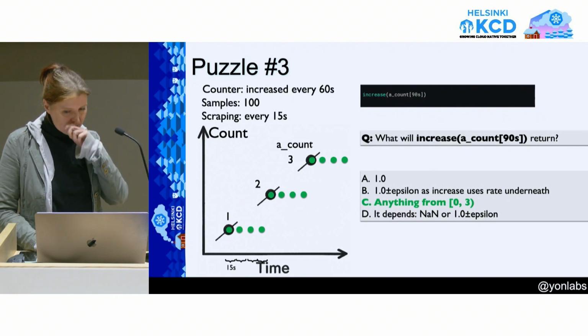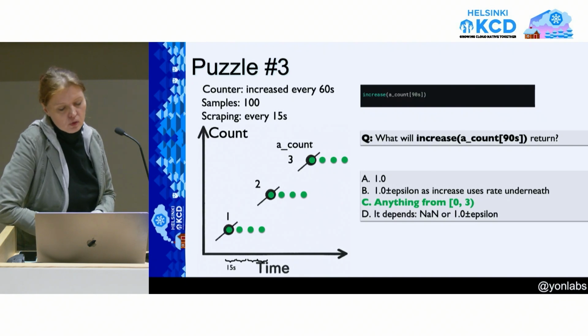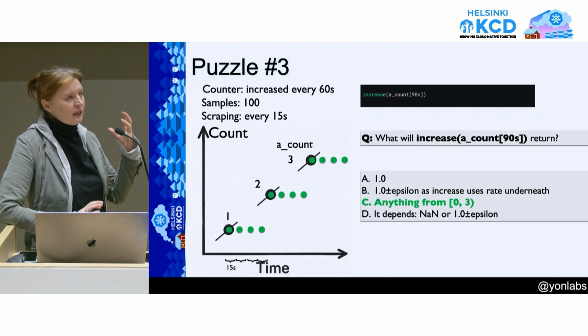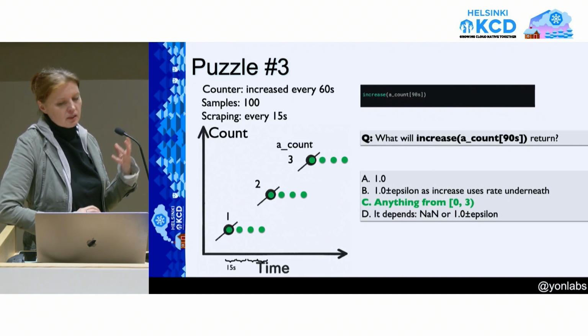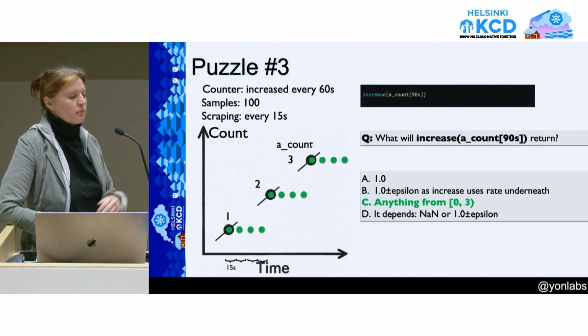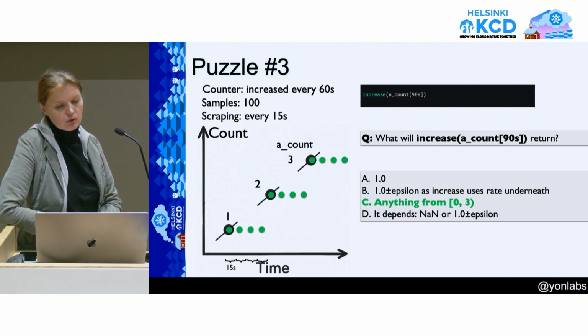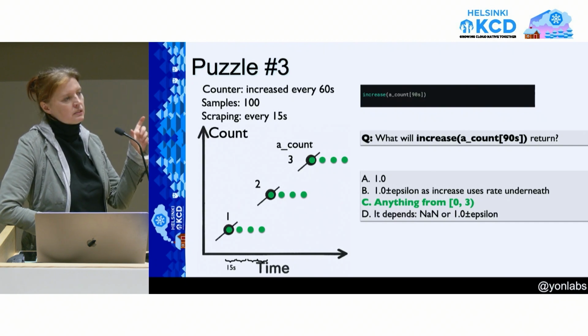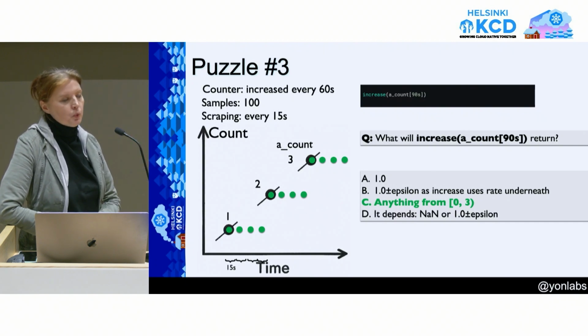So why does it happen? It's a delicate situation with a slowly increasing counter, because if you take a look, our scraping interval is 15 seconds, while we increase our counter only once per minute.